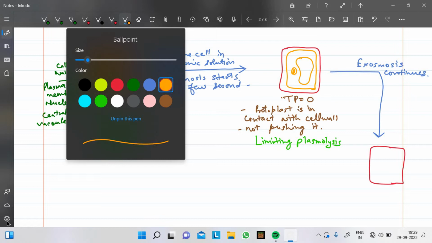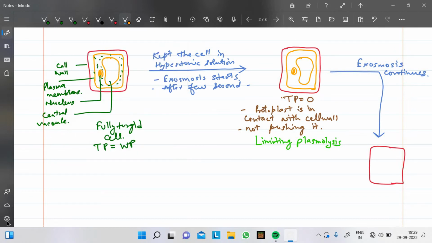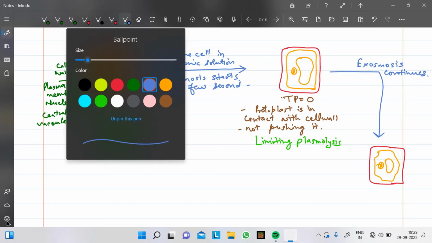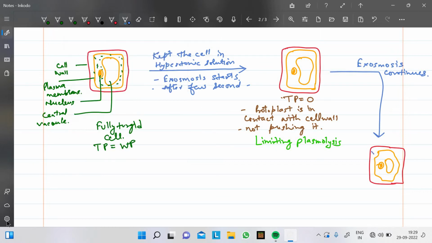But the pattern of shrinking is different. Now the protoplast starts shrinking from the corners, first from the corners and then from the side walls. This is the nucleus, this is the central vacuole, which will reduce in size as the exosmosis continues.